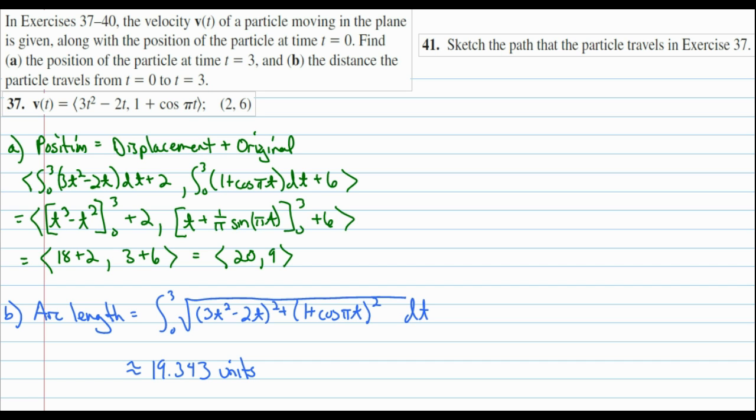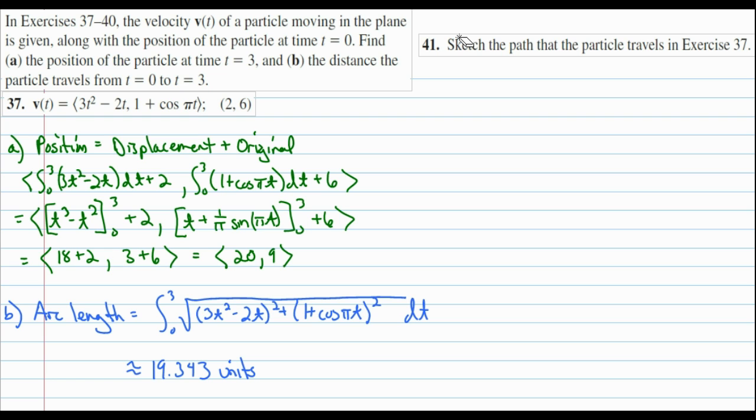And that's going to be about 19.34 units. So to get from the point at t equals 0, (2, 6), to (20, 9), it didn't go a straight 18 horizontally and 3 vertically. It went 19.343 units somehow. We don't know what that curve is yet.